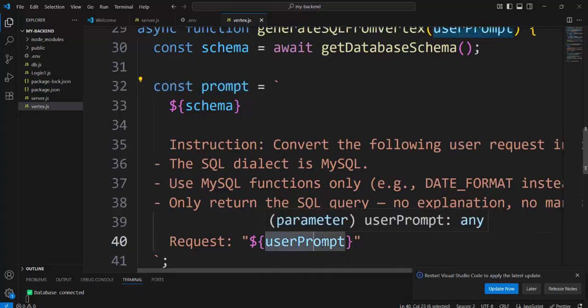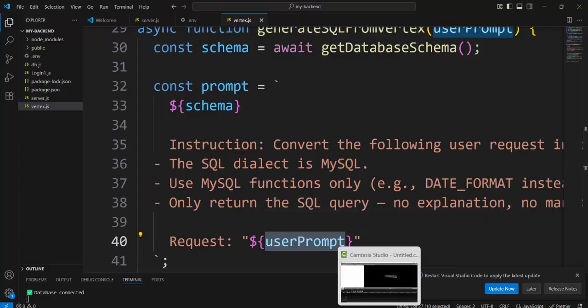It is not enough for the Gemini large language model to solve our problem, translating text to an SQL query. The original prompt is not enough.